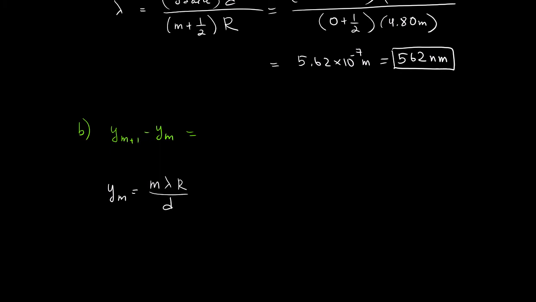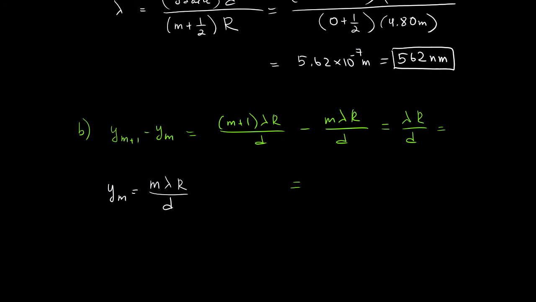So I can use this expression to find the difference between the two adjacent bright fringes. I would write m plus 1 lambda r over d minus m lambda r over d, which gives just lambda r over d.